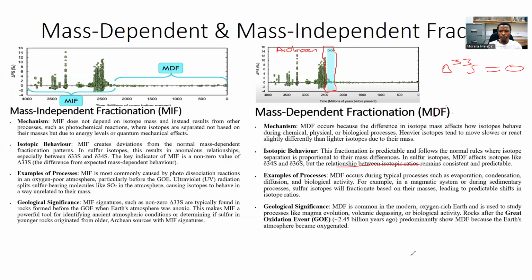Okay, so can you now see that this mass-dependent fractionation is common in this recent Earth, wherein we are in what we call an oxic environment, an environment with oxygen.